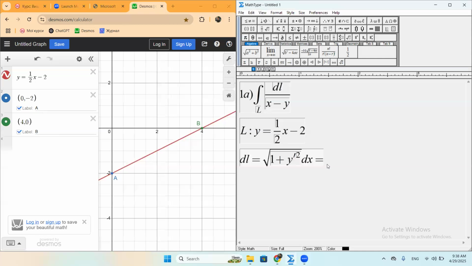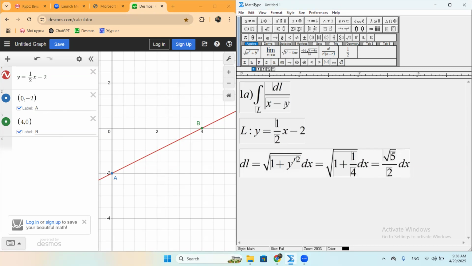In this case y prime equals 1 over 2. So square root of 1 plus 1 over 4 dx equals square root of 5 over 2 dx.